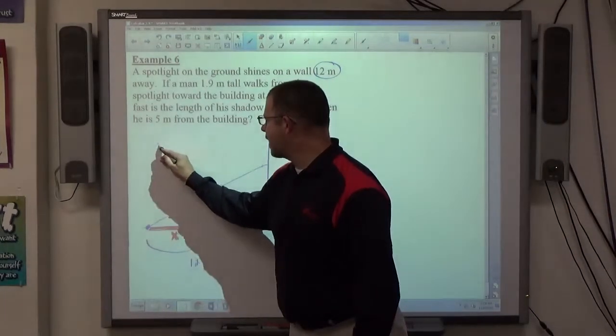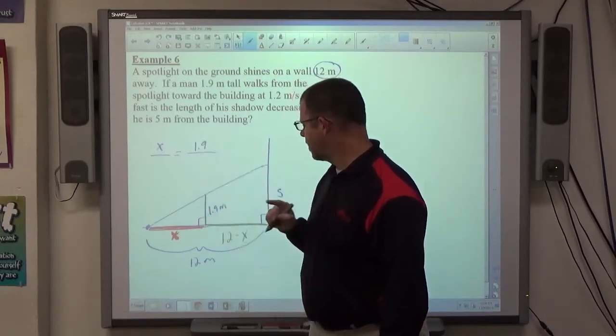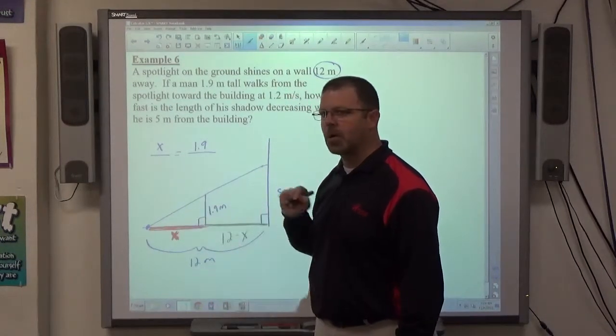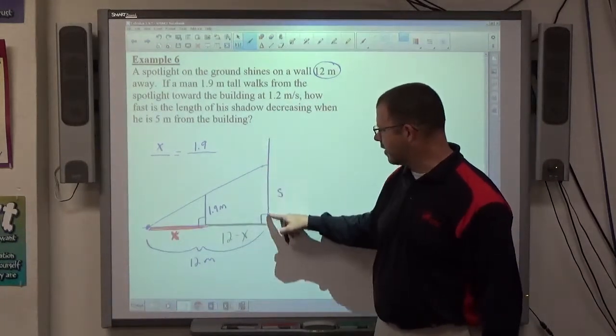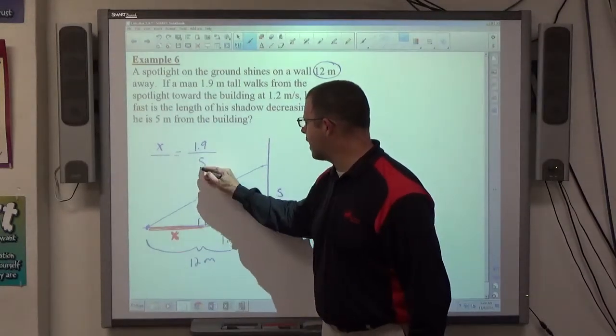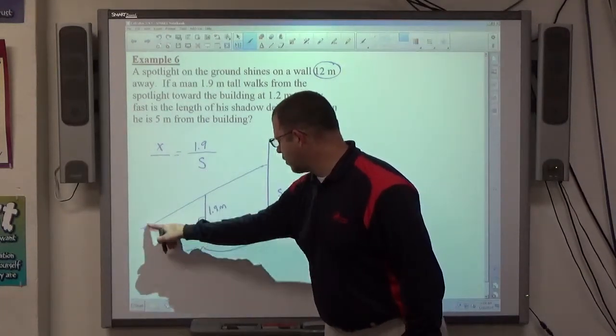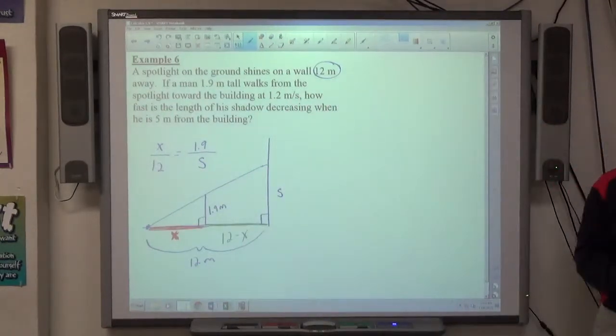If I did x and 1.9 on top, x and 1.9 come from the small right triangle here. The big right triangle has 12 and s as corresponding pieces. 1.9 corresponds to s, and x corresponds to 12. Everybody agree that that equation is valid?